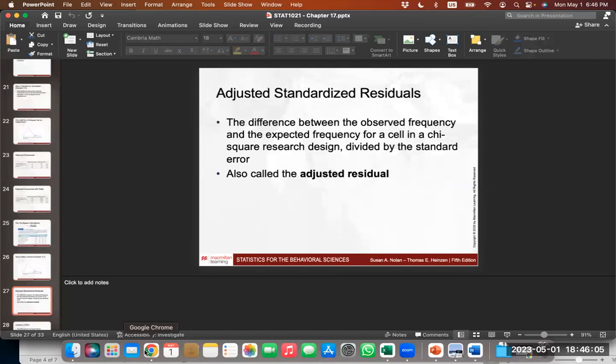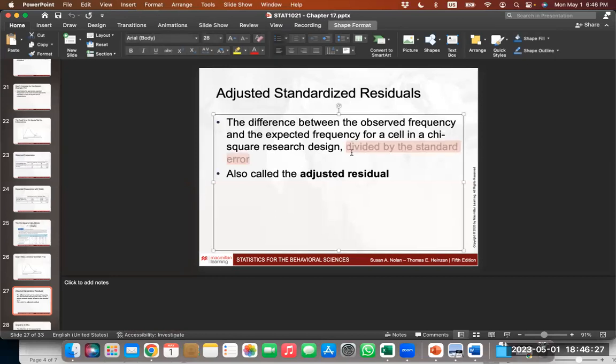Based on that, you can also quantify the standardized residuals, which is one way to indicate which of those is different. So you have observed minus expected divided by standard error. We will do this on the lab day.